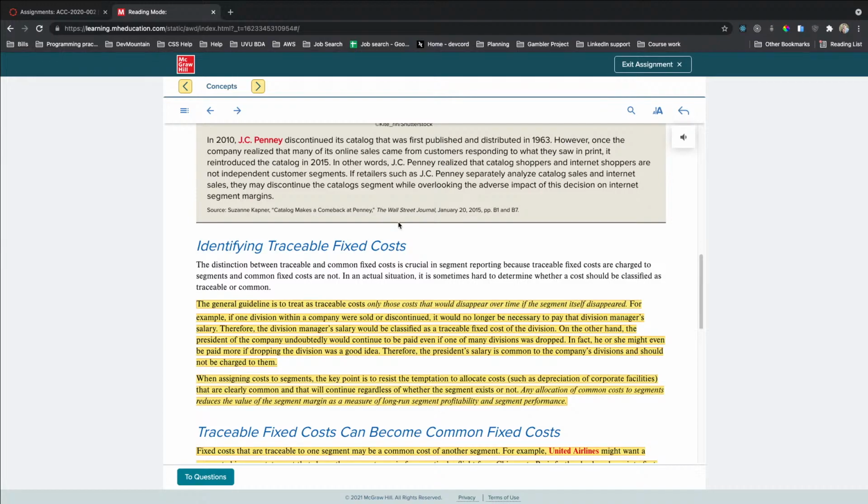In other words, JCPenney realized that catalog shoppers and internet shoppers are not independent customer segments. If retailers such as JCPenney separately analyze catalog sales and internet sales, they may discontinue the catalog segments while overlooking the adverse impact of this decision on internet segment margins.